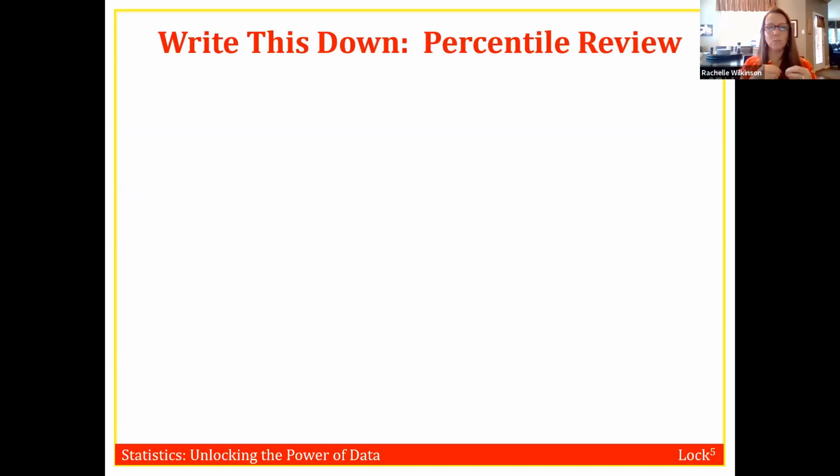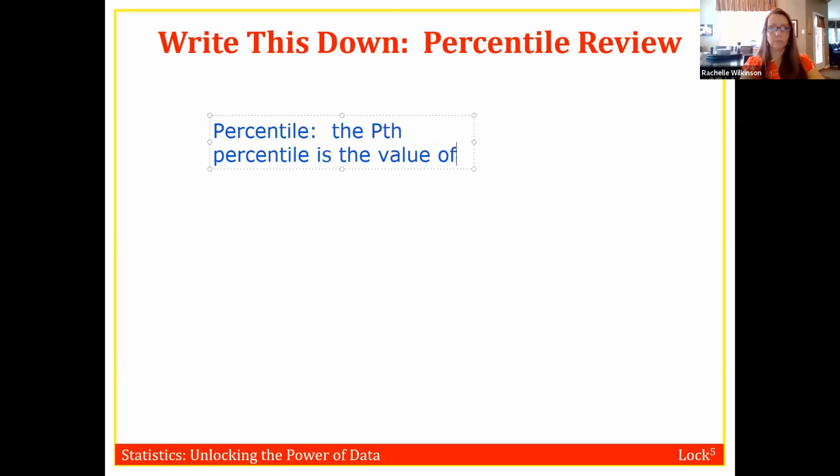So let's just refresh our memory a little bit as to what actually a percentile is. We defined this back in section, I don't know, 2.2 or 2.3. I think it was 2.3. But let's refresh about what a percentile is.